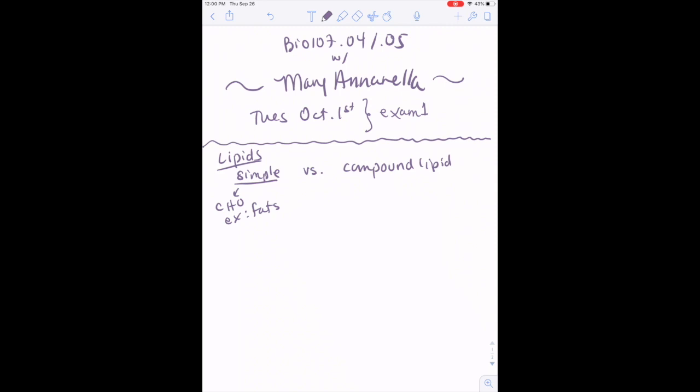You get a fat. Compound lipids have carbon, hydrogen, oxygen, plus some mystery element. The example that we are going to talk about with the compound lipid is when the mystery element is equal to phosphorus. What we get when we have carbon, hydrogen, oxygen plus phosphorus is the phospholipid.